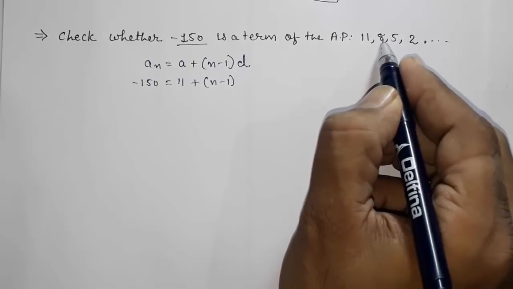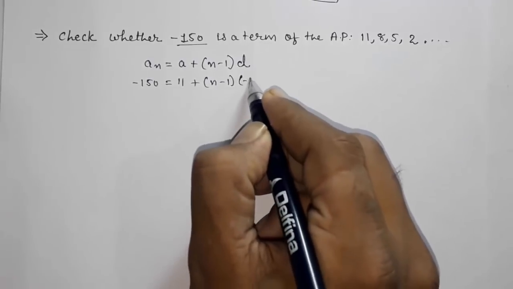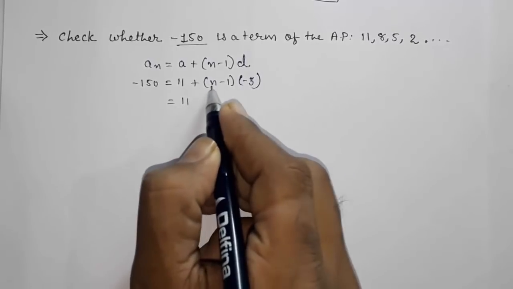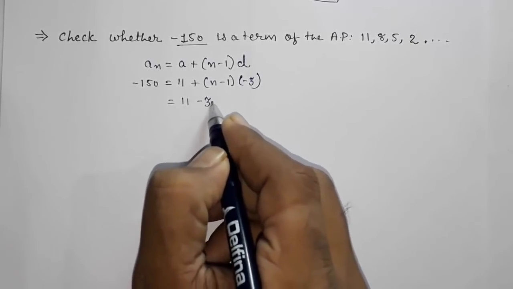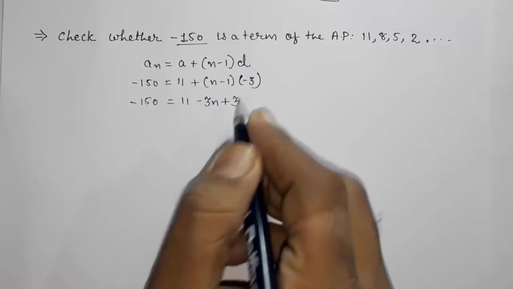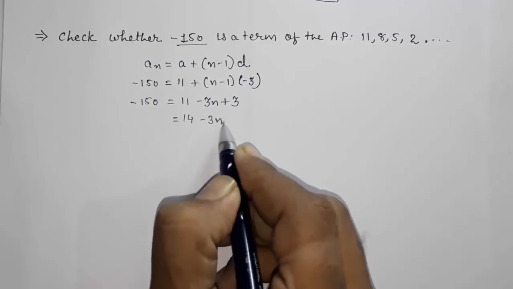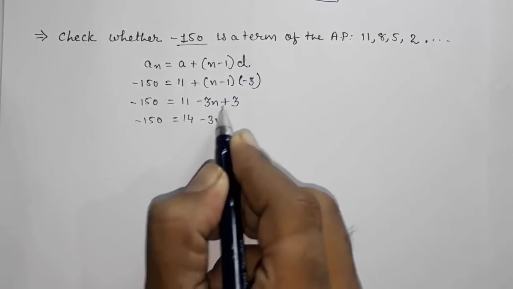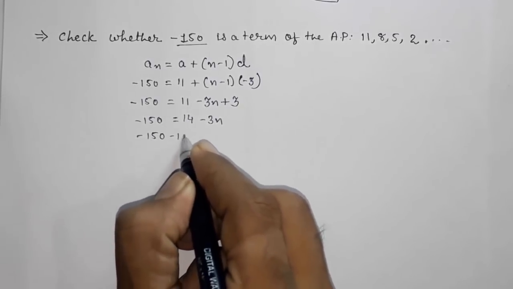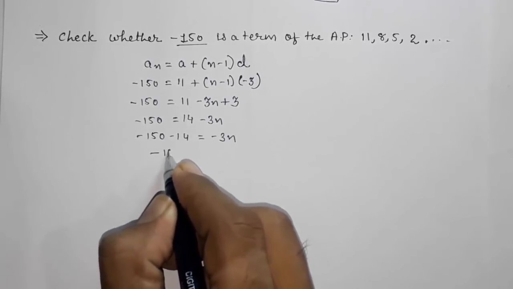Now the difference, 8 minus 11, will give you minus 3. Now you can multiply 11 minus 3 into n, which gives minus 3n, and minus times plus 3, this will be your plus 3, equals minus 150. 11 plus 3 is 14, and 14 minus 3n equals minus 150. This 14 will go on this side, it will also become minus 14, so minus 3n equals minus 164.